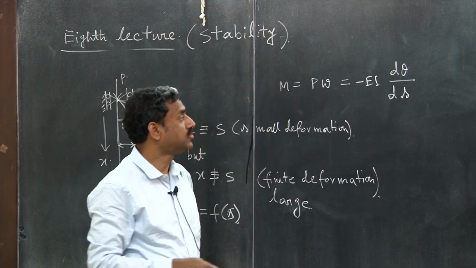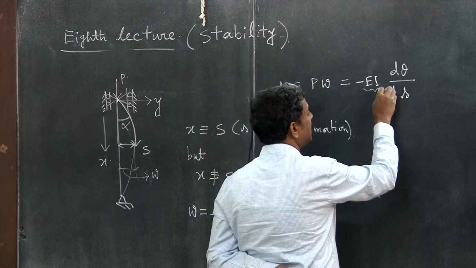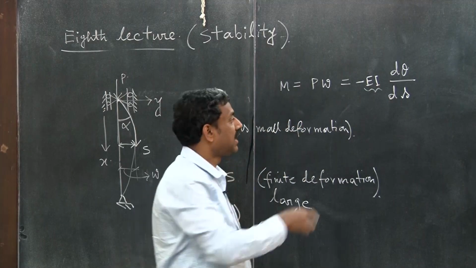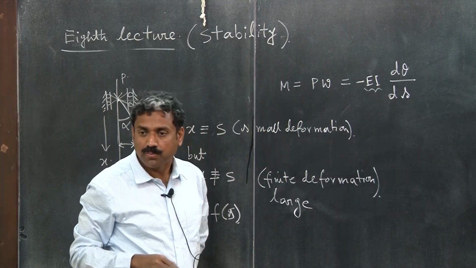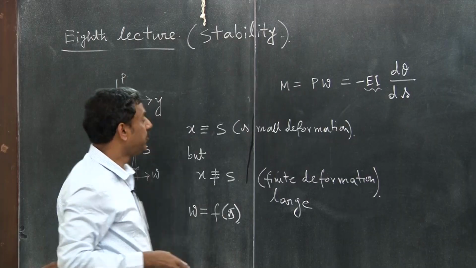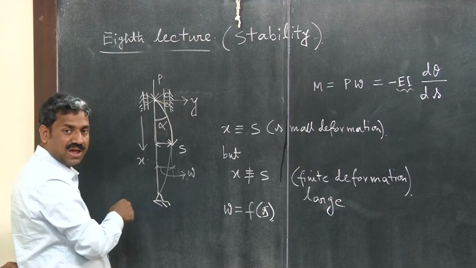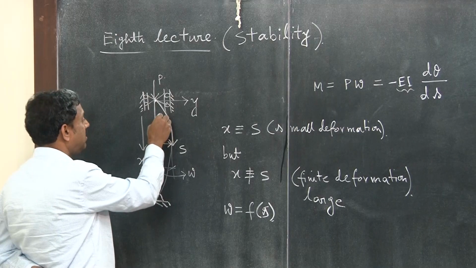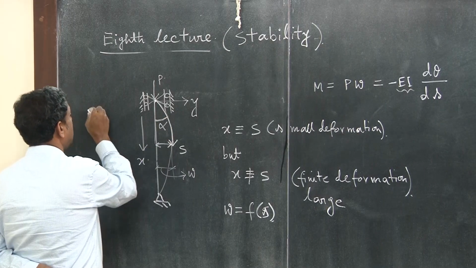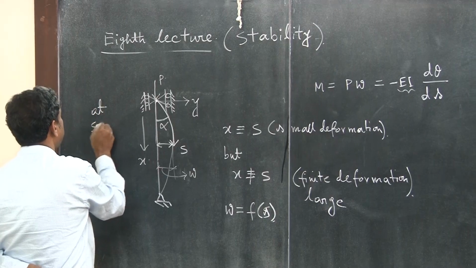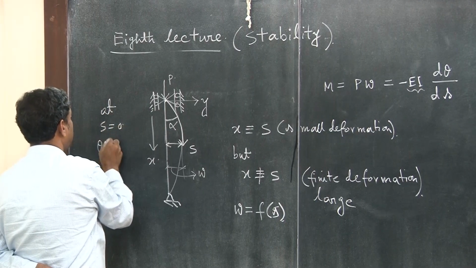EI d2w dx2, so EI is the flexural stiffness and d2w dx2 is the curvature. Curvature is nothing but change in slope. If I consider this slope is theta, at s equal to 0, theta is equal to alpha.